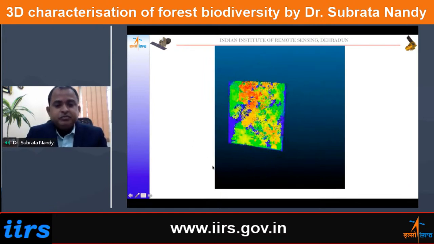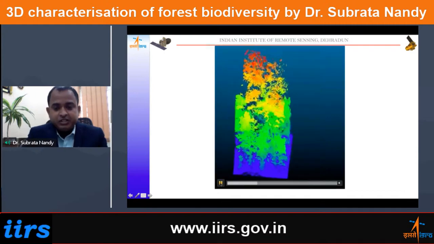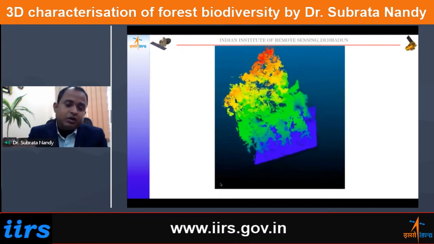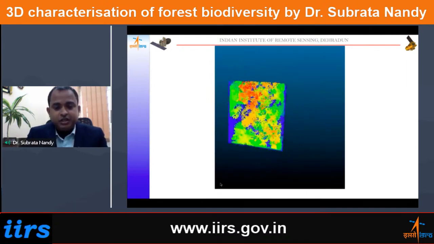Because in this, you can see specifically what is there at the ground, what are the bottom trees, what are the tall trees, everything you can take care of. So basically these kind of inputs are very good when you are going for a forest biodiversity kind of assessment.